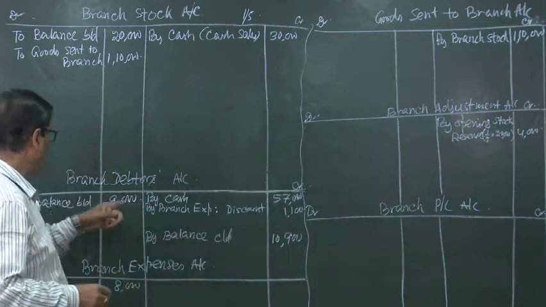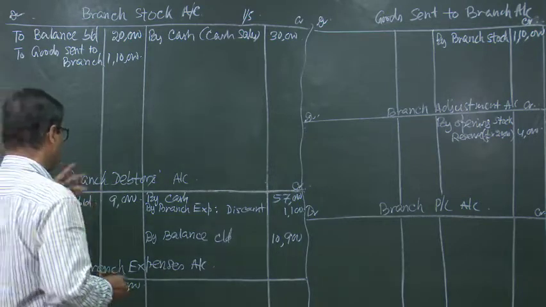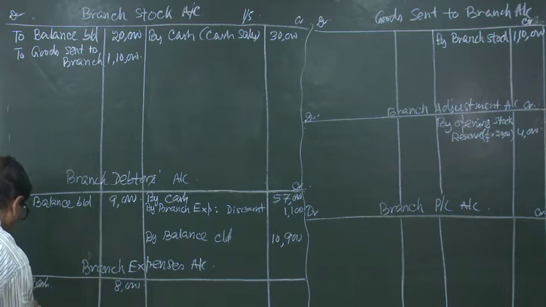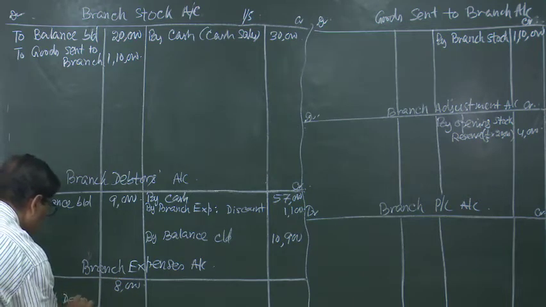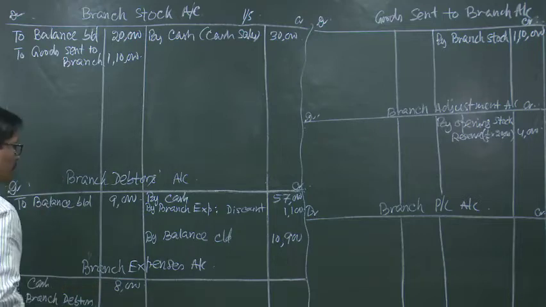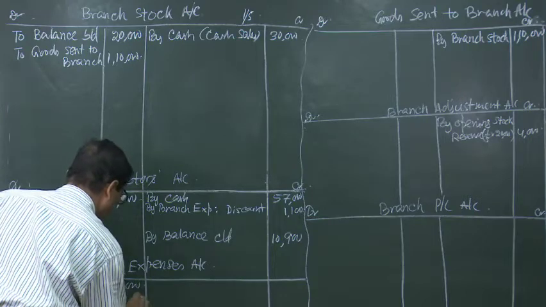So, this will be branch debtors account credited by branch expenses, means branch expenses account debited to branch debtors, to branch debtors 1,100.